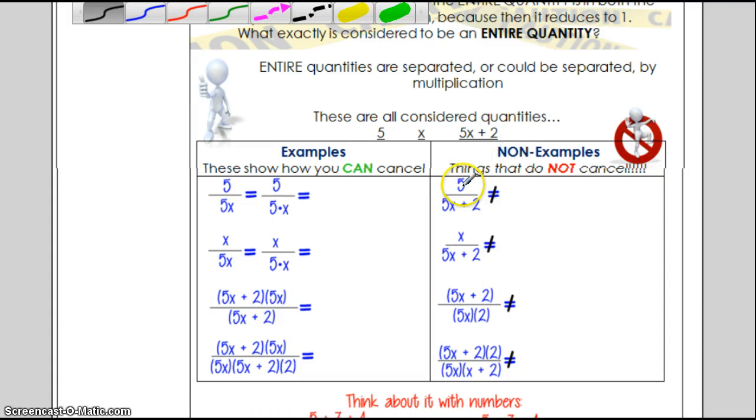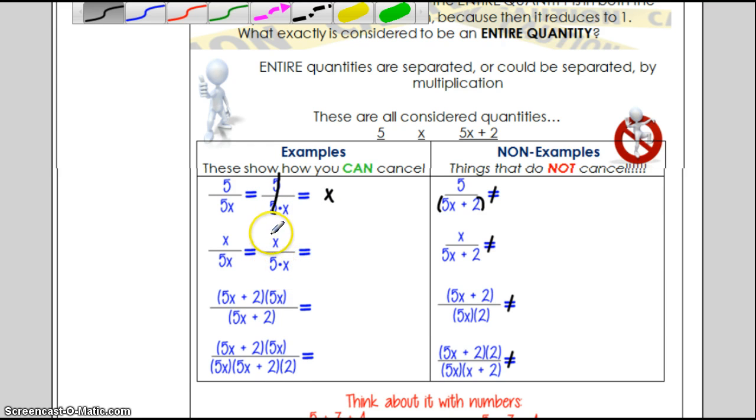But if there's just a 5 up here and a 5 down here, that's something that we cannot cancel, because it's like these two are married and then we have a single and they can't split it up there. But here, these are just hanging out next to each other, so we can go ahead and simplify those. Here again, separated by multiplication.